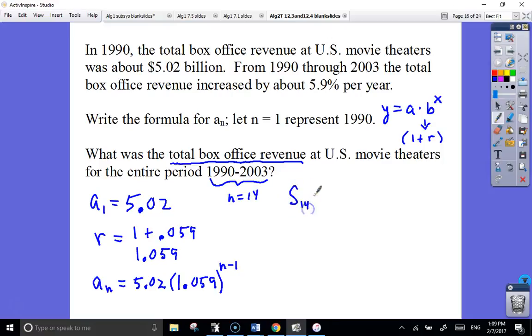S14 equals the first term, 5.02, times 1 minus 1.059 raised to the 14th divided by 1 minus 1.059.